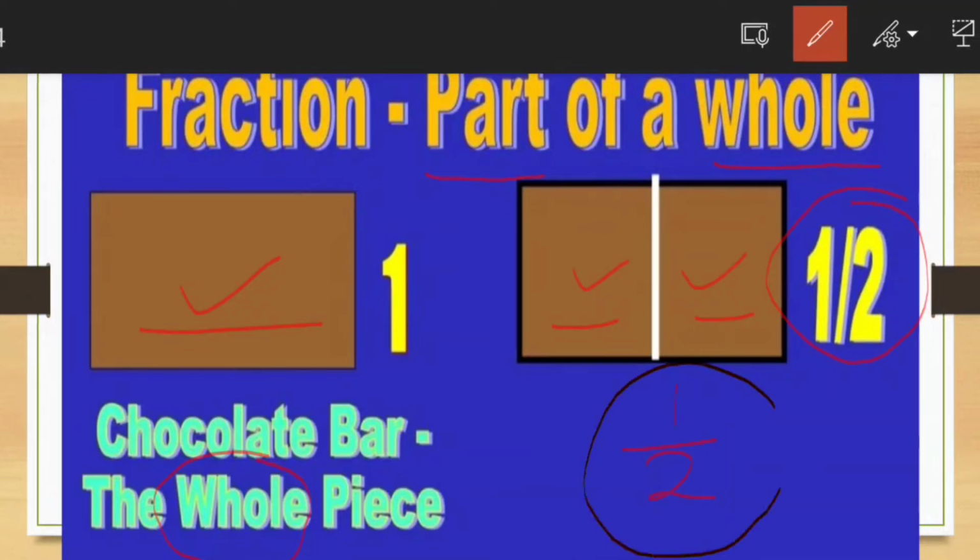1 upon 2. Now why is it written 1 upon 2? Why is it not written 2 upon 1? We have to think about this. Yes. So I am going to tell you how they have written 1 upon 2. So one by one, listen to me and understand the difference between part and whole.